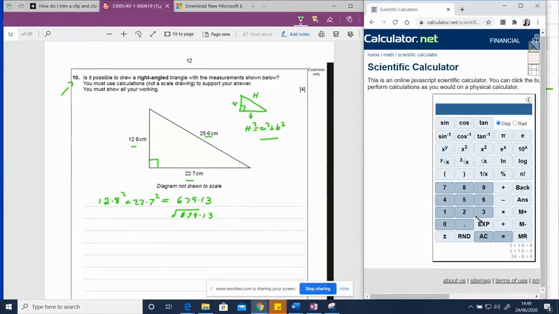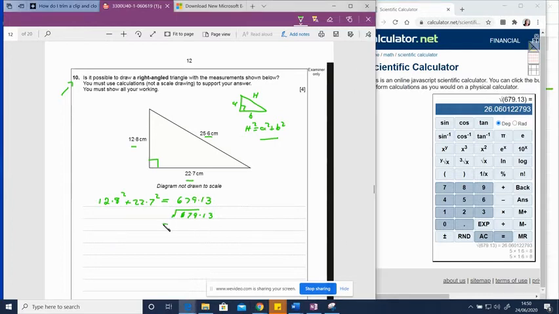So the square root button of 679.13 is equal to 26.06 and lots of other digits, which is not 25.6. So this triangle is not right angled.